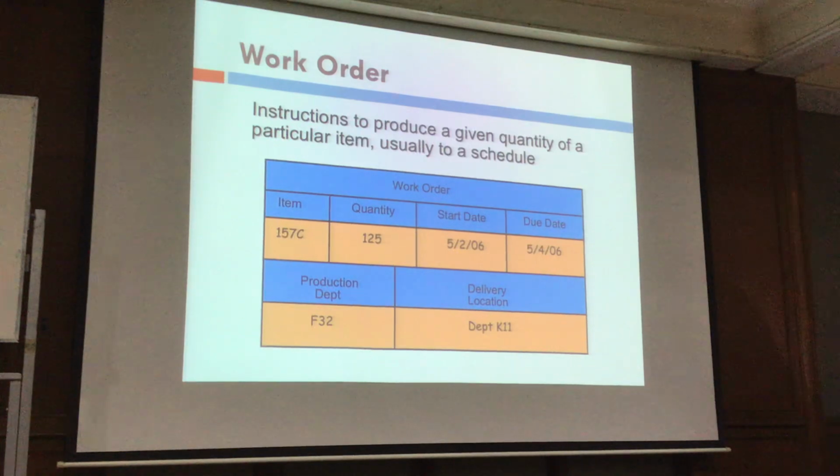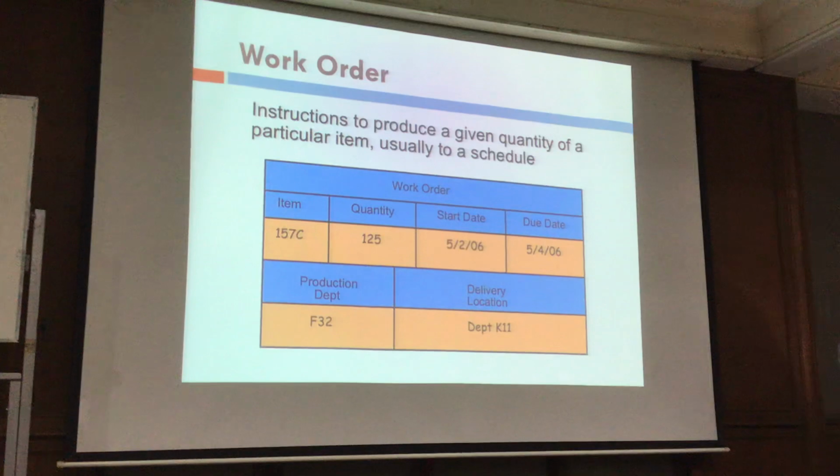For example, for item 157C, we need a quantity of 175. The starting date is May 2nd, and we want it by May 4th. The department involved in production is F32, and the delivery location is department K11, something like that. It tells the detail of the particular item.